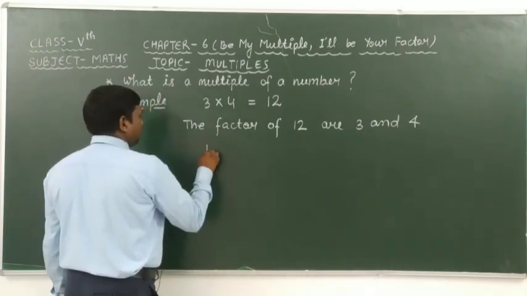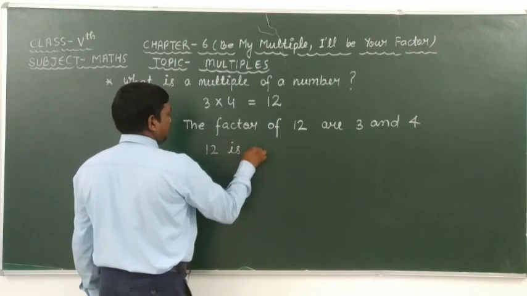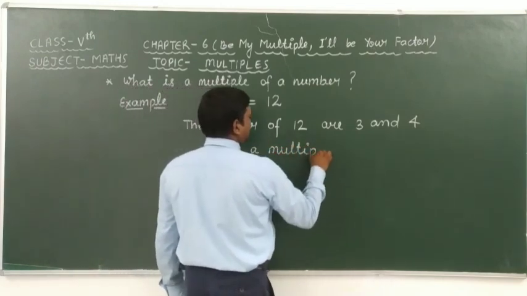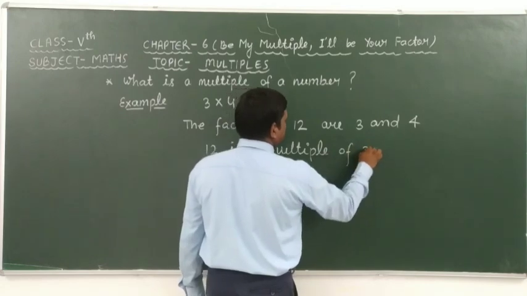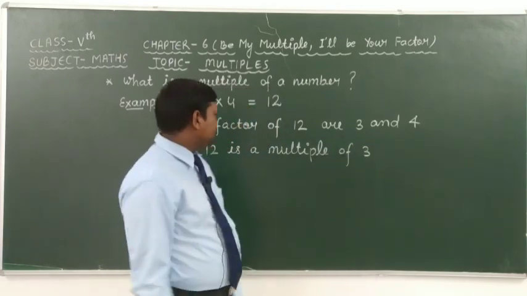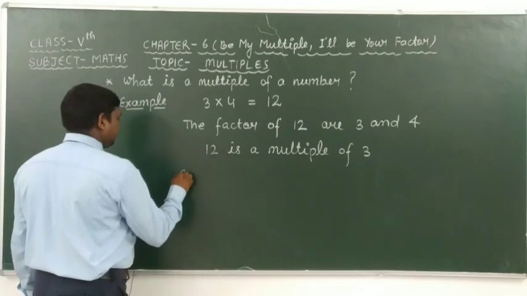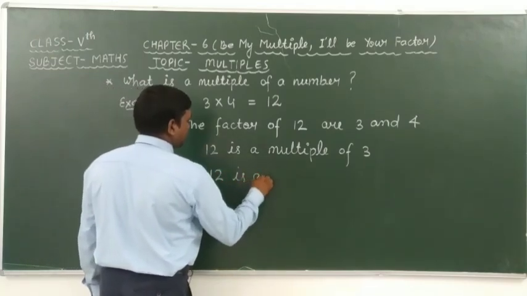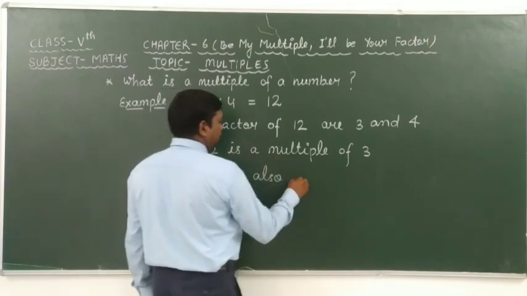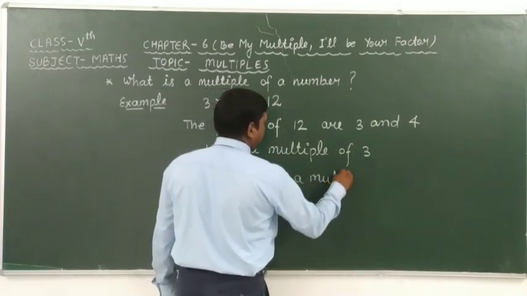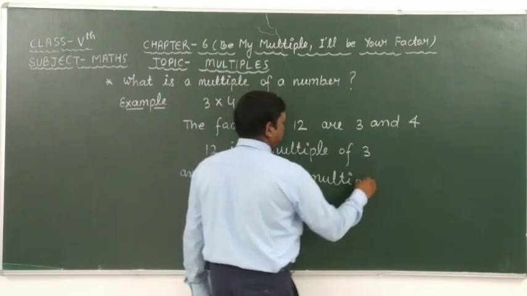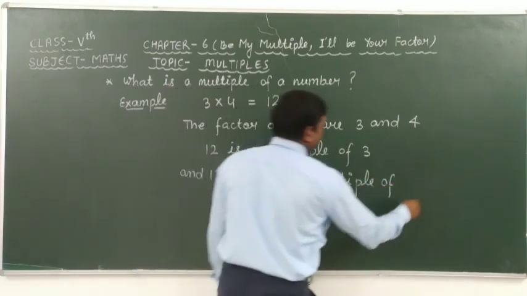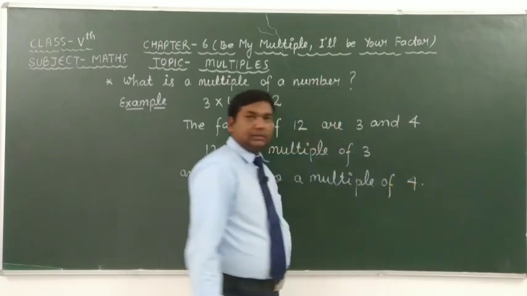Here 12 is a multiple of 3, and 12 is also a multiple of 4.